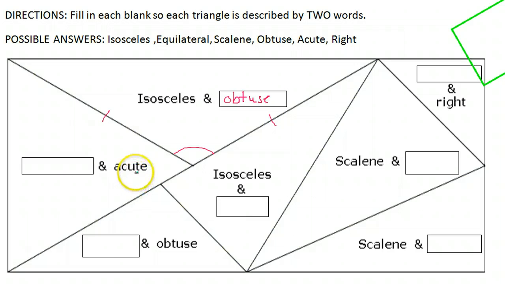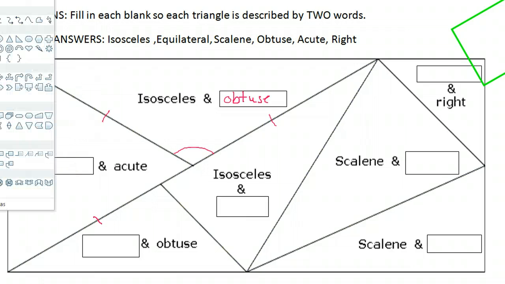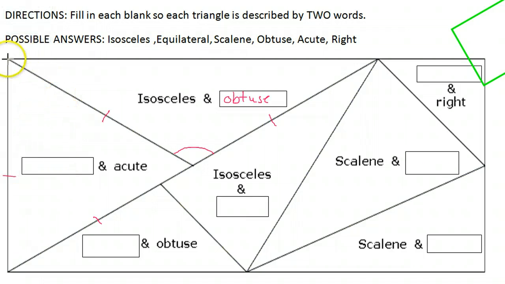Now they've already said it's acute because all three of these angles are less than 90 degrees. So now we have to decide, is it equilateral, is it isosceles, or is it scalene? And it looks like perhaps all three of these sides are equal. Alright, let's see.